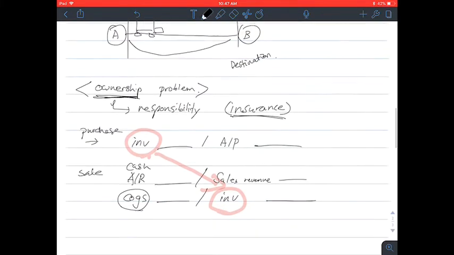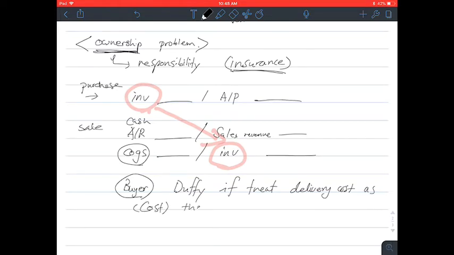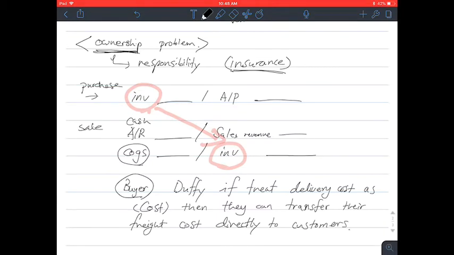The whole point is that the buyer, in this case Duffy, if they treat delivery cost as cost, then they can transfer their freight cost directly to customers, right?